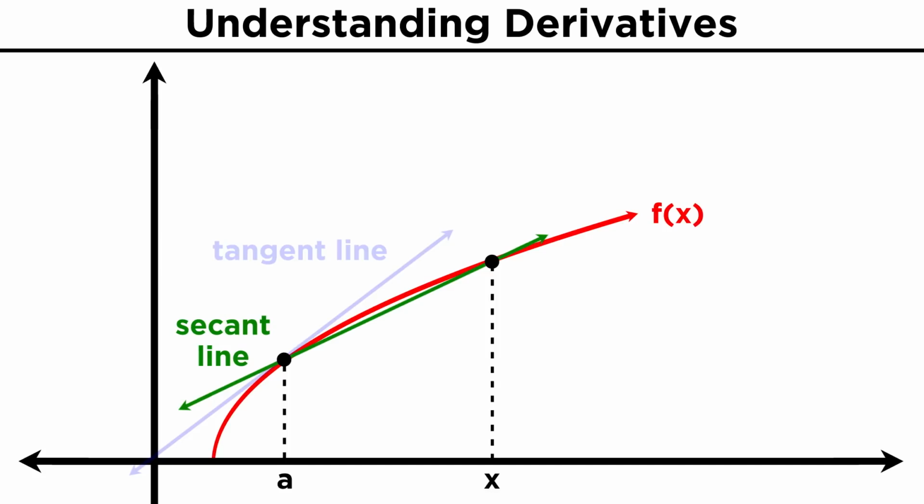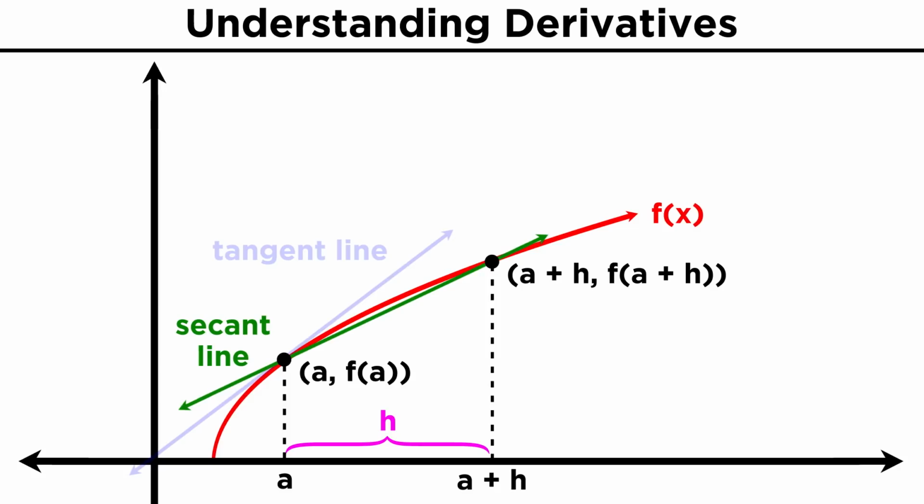We can express this another way, with the second point in terms of the first, by saying that x is equal to a plus some other quantity, h. So h is the distance in the x direction from the first point to the next. That means this second point has the x-coordinate a plus h, and the y-coordinate f of a plus h.